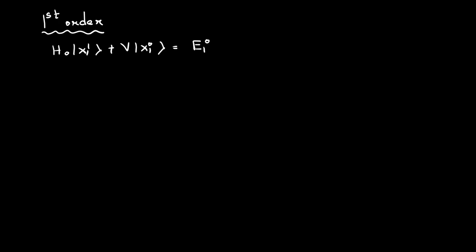Okay, now what you do is you collect the terms. For example, if you collect all the first order terms, all the terms that had only lambda, and equate that, what do you have at hand? You have h naught x1 1 plus v x1 0 is equal to e1 0 x1 1 plus e1 1 x1 0. It's very simple algebraic stuff. And then what we do cleverly is we multiply by the x1 naught bra vector on both sides.